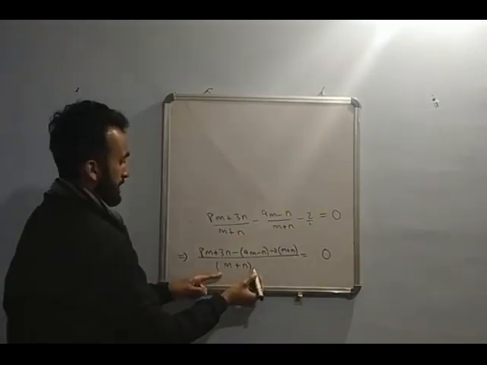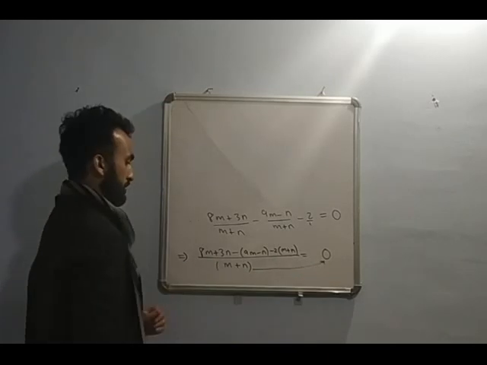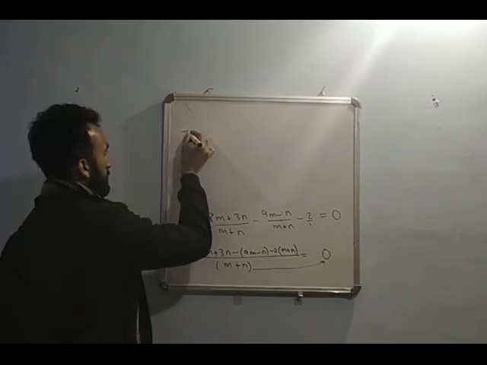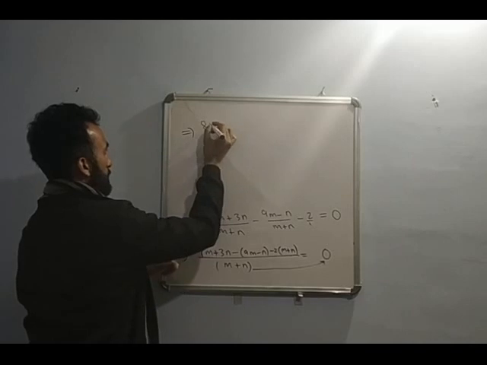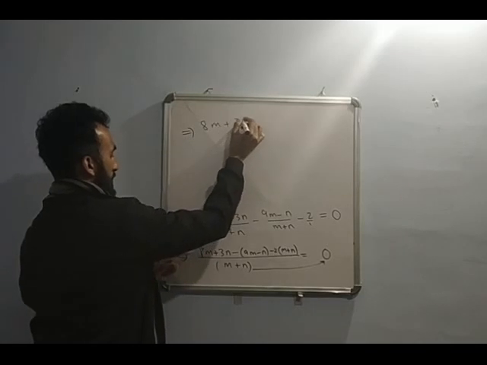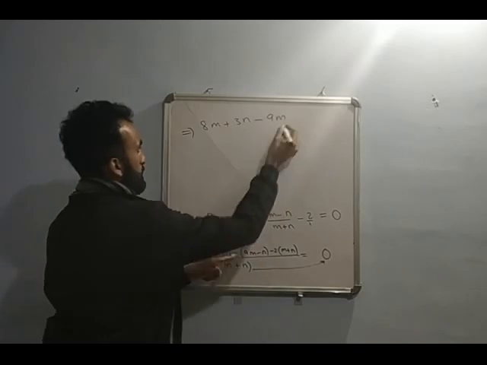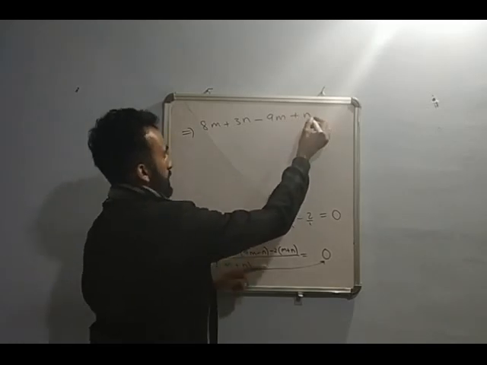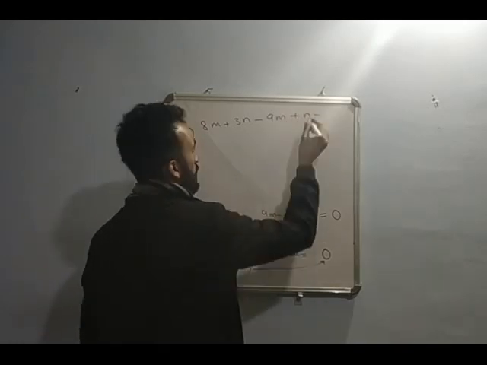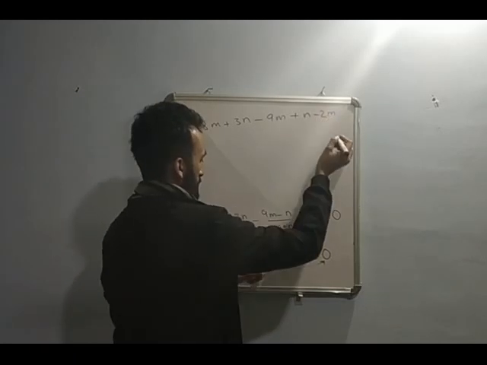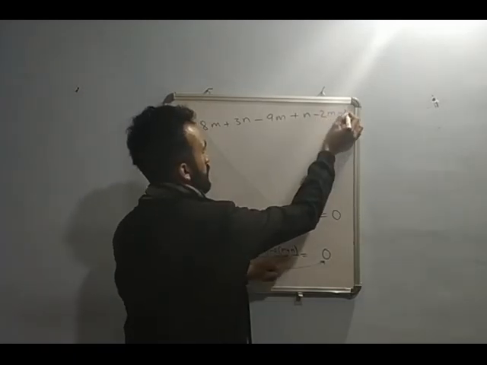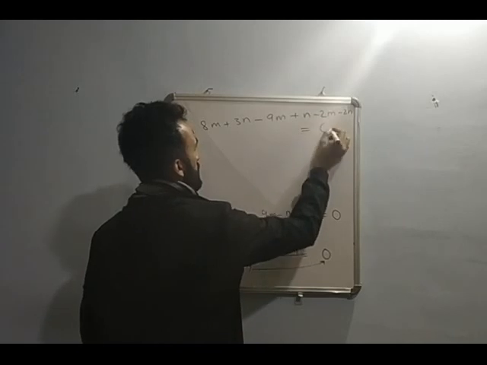Now m plus n will go up and multiply with 0. It will become 0 only. So let me see here. I am left with 8m plus 3n minus 9m, minus into minus is plus n, minus 2m, minus into plus is minus 2n, equal to 0.